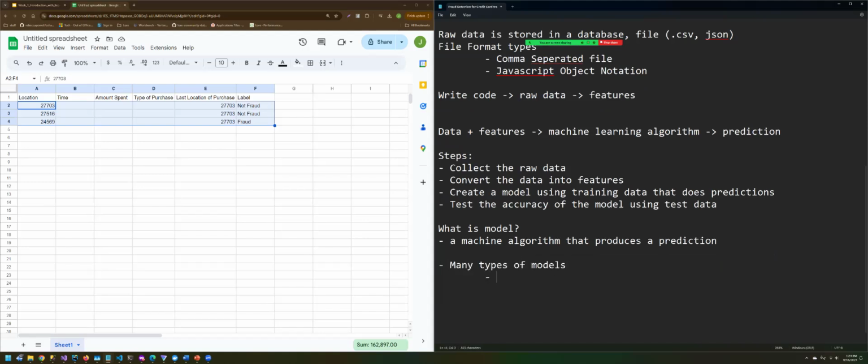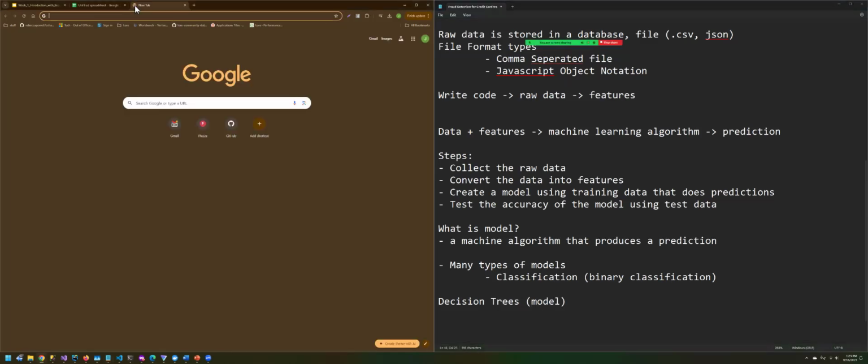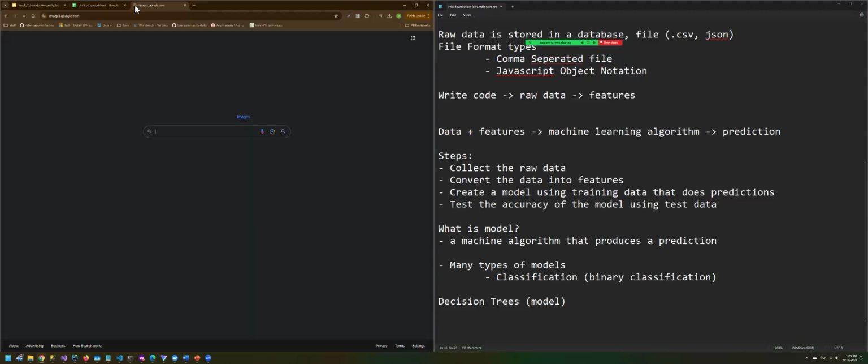We're going to stay close with classification and more specifically binary classification. And the easiest model to look at is a decision tree model. And I want to show you why. You may be familiar with decision trees in general. So I'm going to show you what a decision tree model looks like.